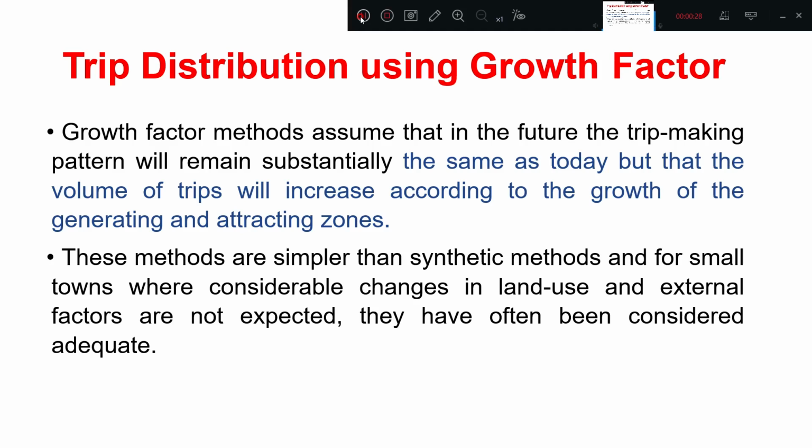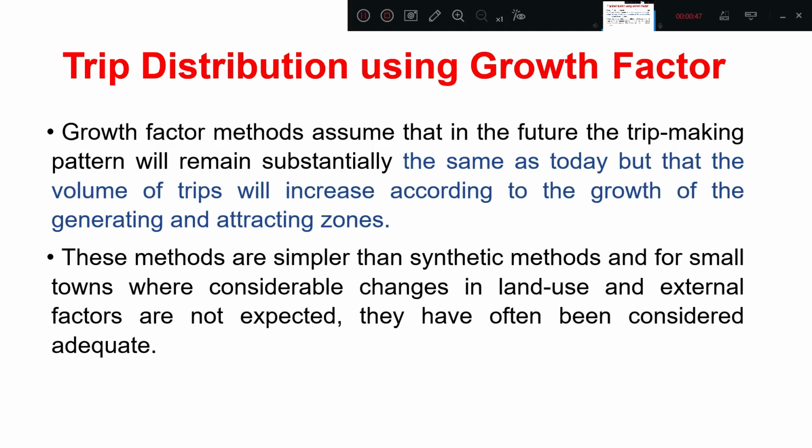Before that, this growth factor method, as we know, is applicable for small towns, or where the growth of the particular zone or the study area is not affected by external factors.